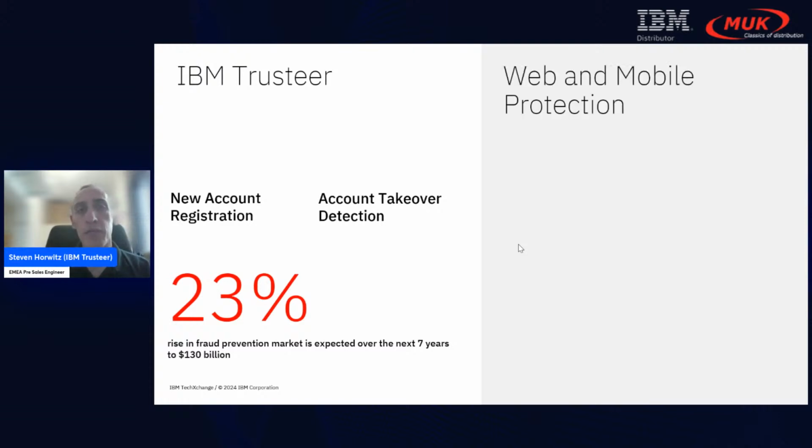So where does Trusteer provide its detection? In the web and the mobile channels. The web meaning your URL, www.bank.com, for example, and in the mobile channel would be the application for the bank. So how does Trusteer do this? We'll get into it in more detail later on. We'll deploy what's known as a snippet in the web channel.